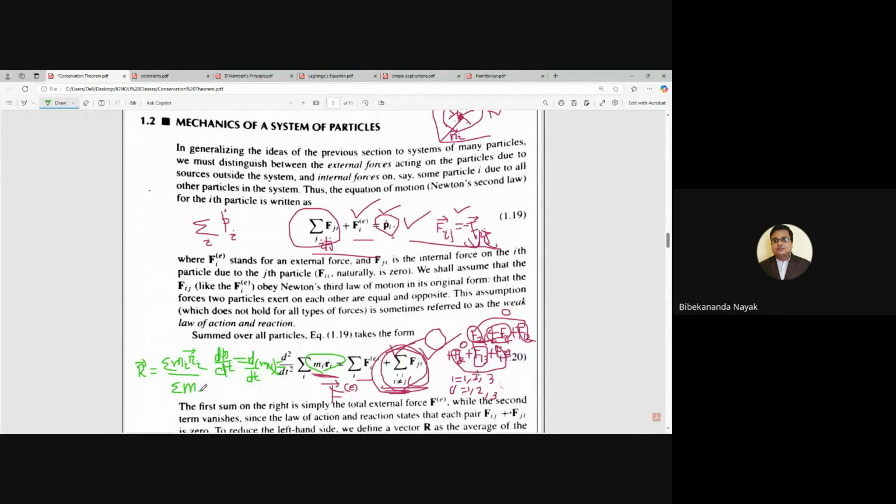Isn't it? That is the position vector of the center of mass. The sum over m_i is nothing but the whole mass of the system, capital M. So in place of the sum over m_i r_i, I can write capital M times R, where M is the mass of the system and R is the radius vector of the center of mass.